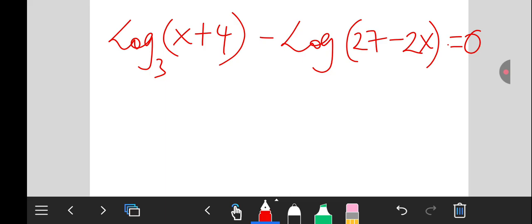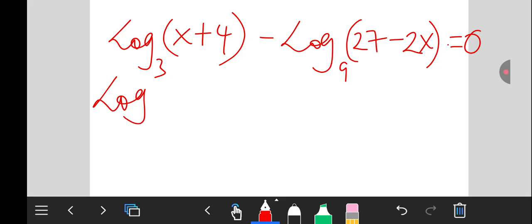So how can you solve this question? And this is in base 9. So you need first to convert these logs in the same bases. So it's easy for us to convert the log in base 9 to base 3.